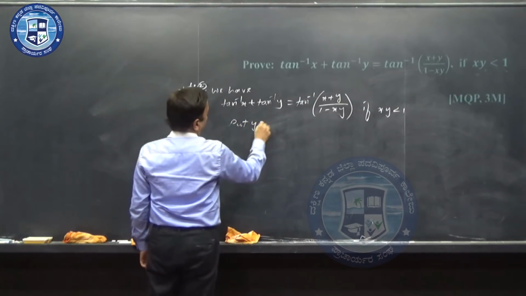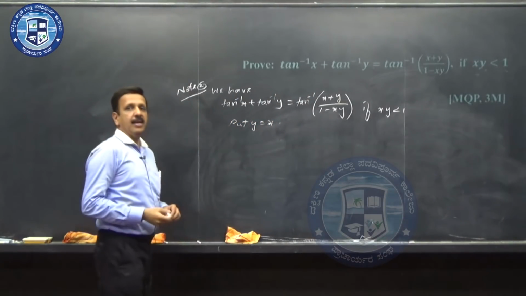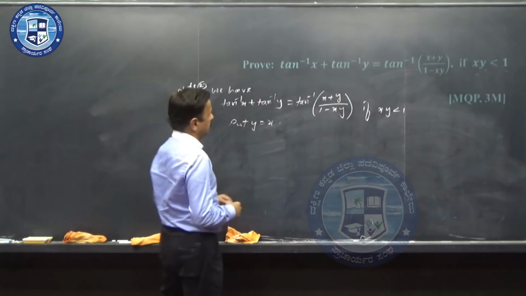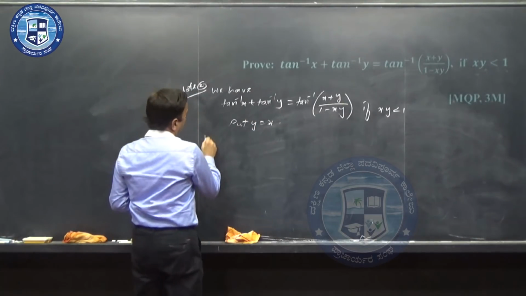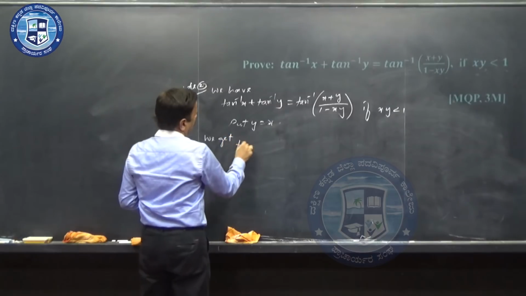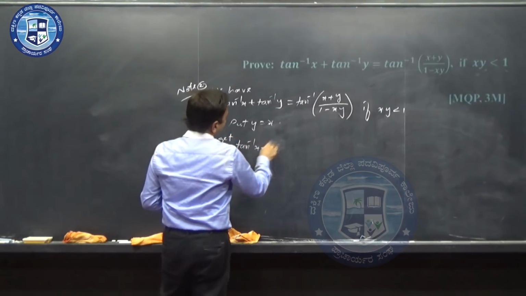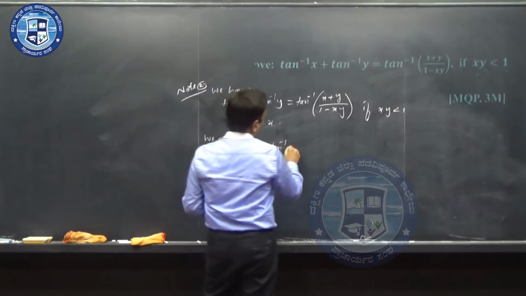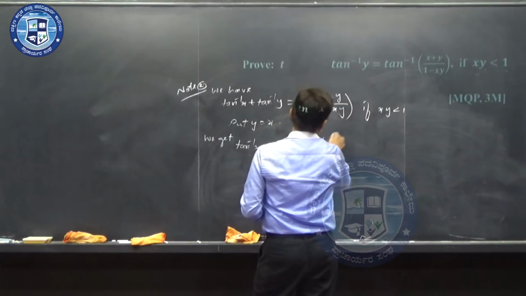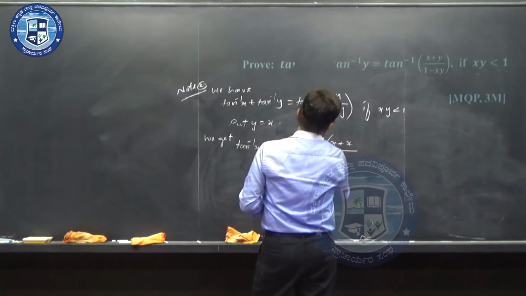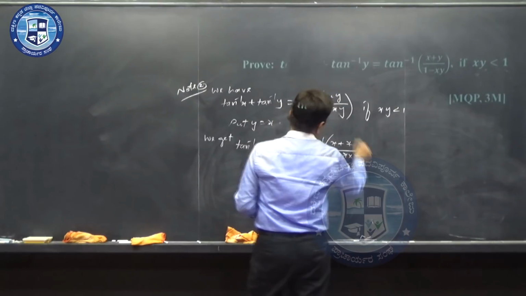Put y is equal to x, a particular case where y can be equal to x. Then we get tan inverse x plus tan inverse x equals tan inverse of x plus x divided by 1 minus x into x.